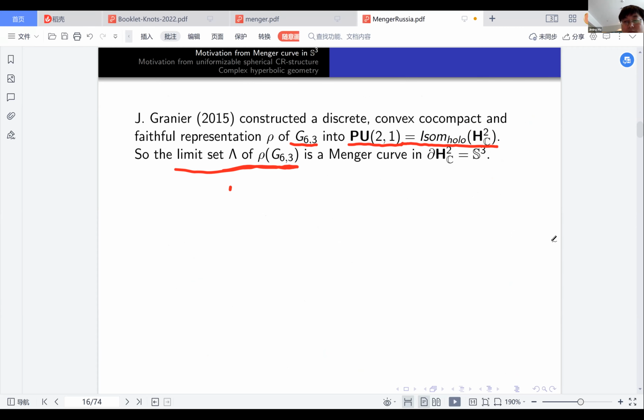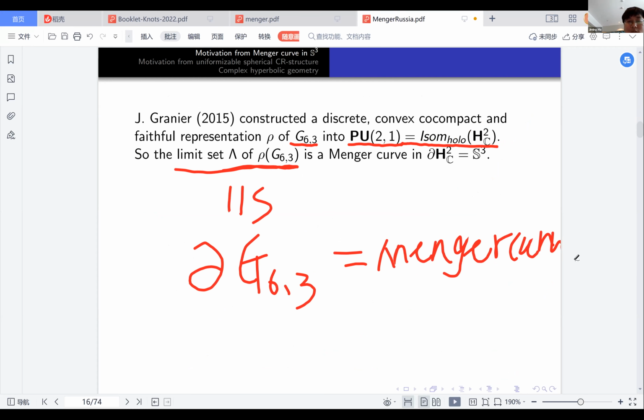Then we have a Menger curve embedded in S^3. In other words, from a very special representation of the group here to the Lie group here, we have an embedding of the Menger curve into the 3-sphere.